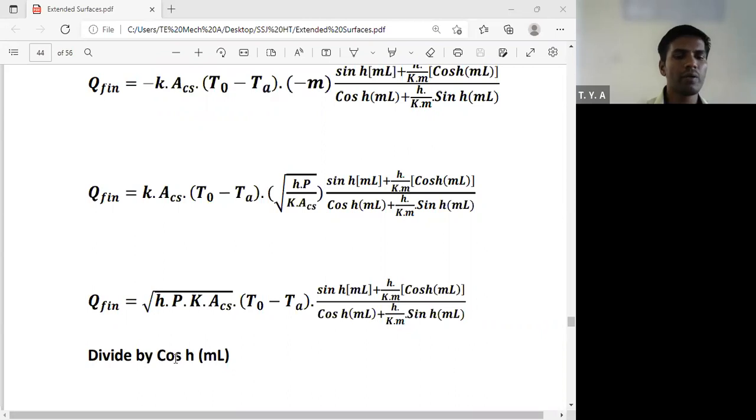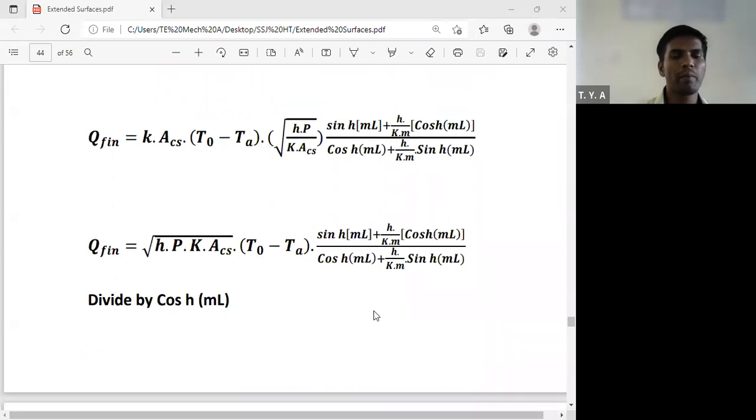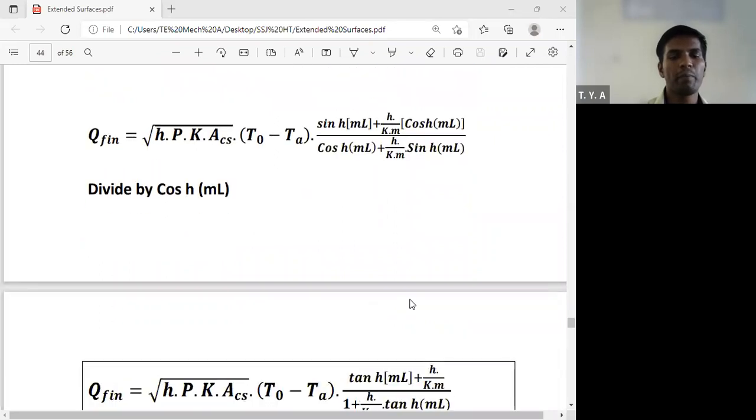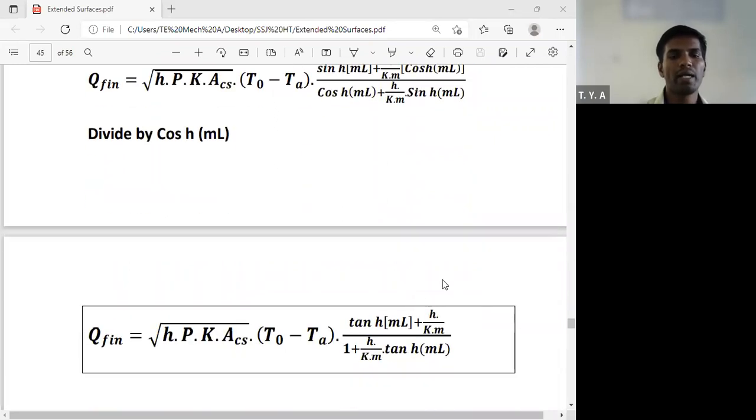So all of you write down, divide by cos hyperbolic ml. Okay, so by dividing by cos hyperbolic ml we get the equation as square root of hpk into cross section area (T0 minus Ta) into [tan hyperbolic ml plus h by km] divided by [1 plus h by km into tan hyperbolic ml].